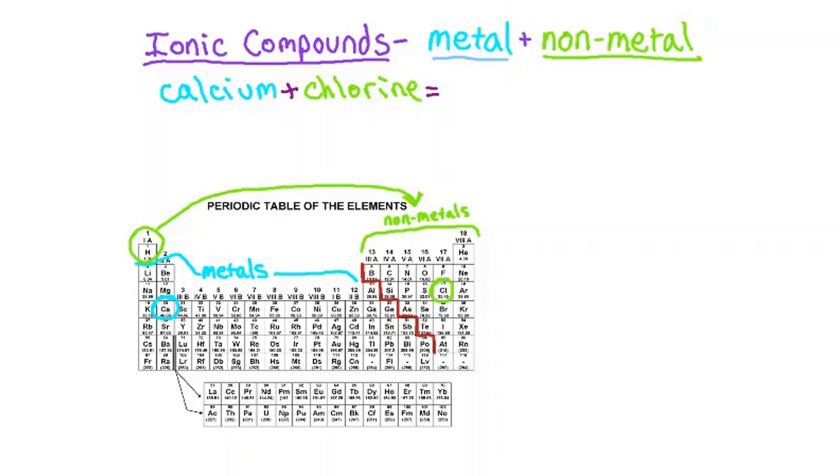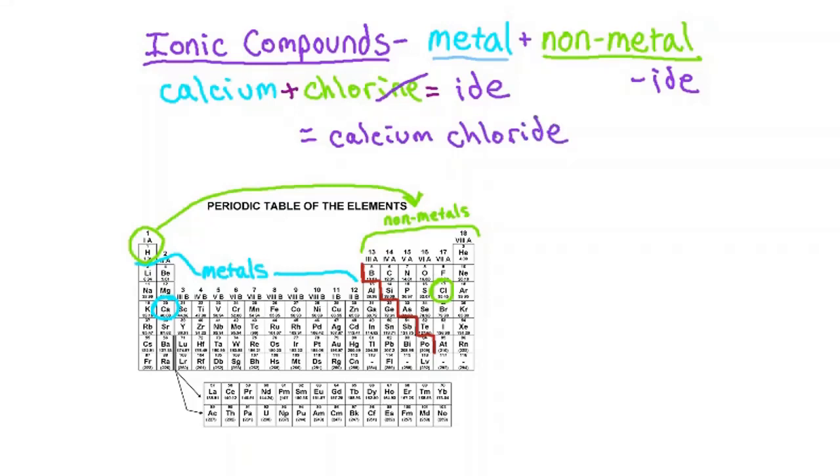And what you want to do is just make sure the metal is listed first, calcium, and you don't change that, you just say the word calcium, but instead of chlorine, you change the end of chlorine to chloride because it's in a compound. So all you do is you change the last part of the word into "ide." So what you end up getting is calcium chloride.